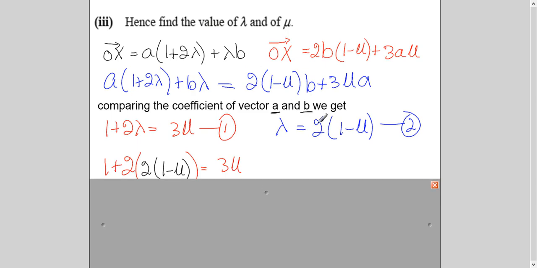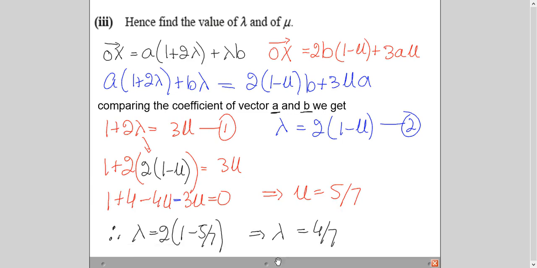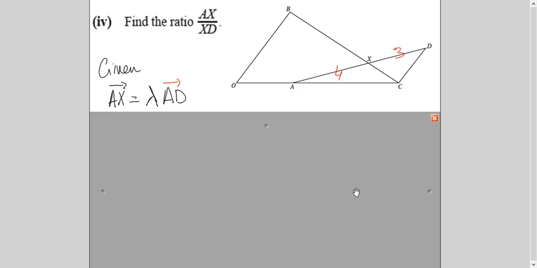Substitute the value, like this value of lambda I'm plugging in here. You can see here. Let me change the color. And then I will get the value of mu. After getting the value of mu, you can plug it in here, solve it and get the value of lambda. So I hope you understood this question.